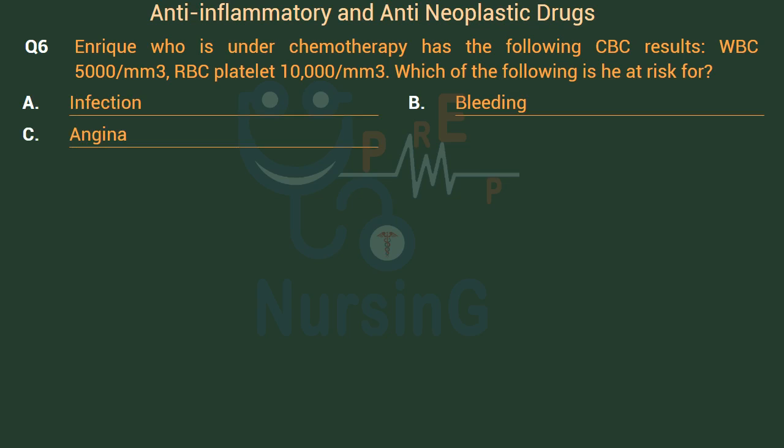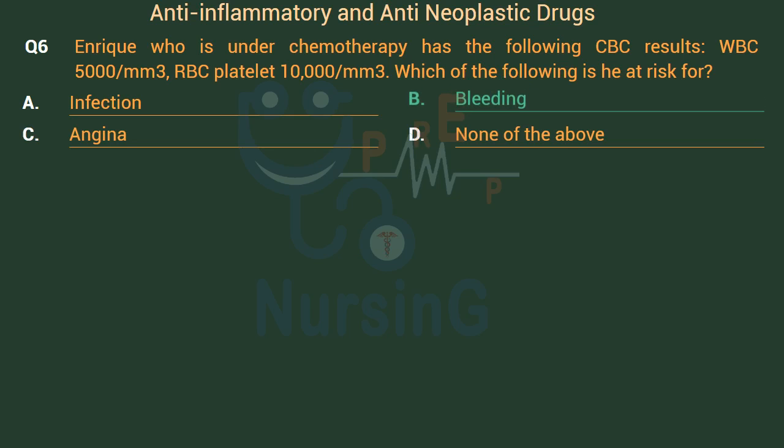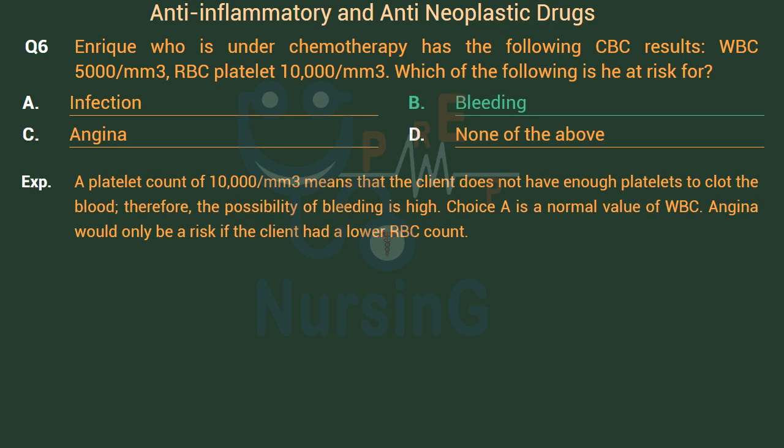Option C. Angina. Option D. None of the above. Right answer is Option B. Bleeding. A platelet count of 10,000/mm3 means that the client does not have enough platelets to clot the blood. Therefore, the possibility of bleeding is high.